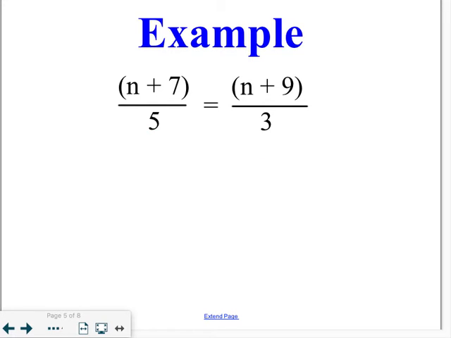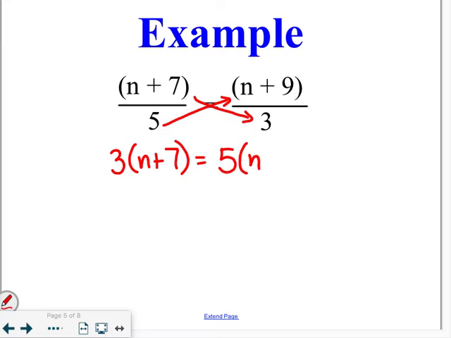Another example we have. This involves the grouping symbols and or parentheses. So we've got n plus 7 over 5 is equal to n plus 9 over 3. If you have something set up like this, the first thing we're going to need to do is cross multiply to solve. So we've got 3 times n plus 7 is equal to 5 times n plus 9.